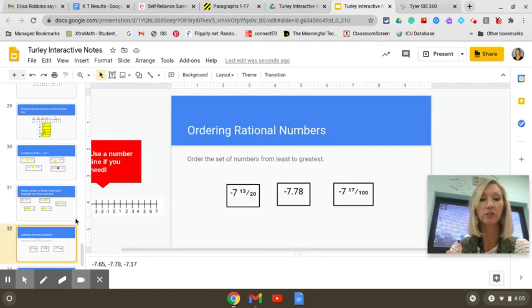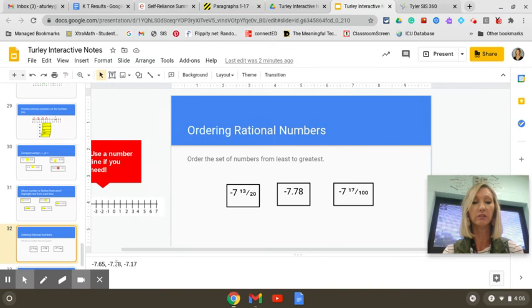Okay, slide 32 says ordering rational numbers from least to greatest. So down here, I went ahead and wrote those down as decimals. I did 13 divided by 20 and got a negative 0.65. Left negative 0.78 alone, and 17 divided by 100 is 0.17. So the number that is the least is the one that's going to be furthest from 0 since they're all three negative.